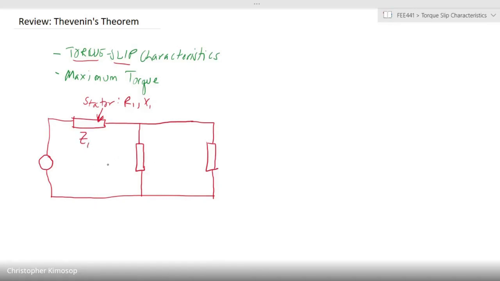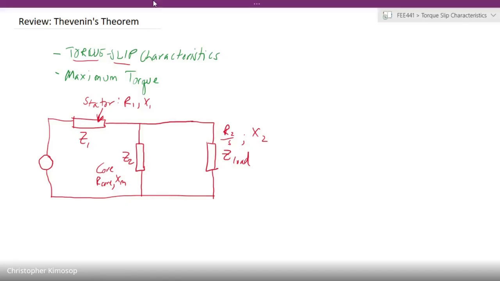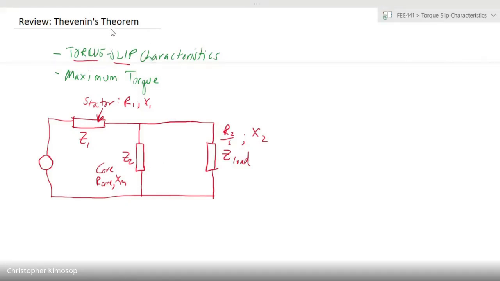At the same time, within the stator, we had some elements in the core, which were R core and X magnetizing. So let's call that Z2 here. And then let's assume, for purposes of this demonstration, that this is the load, which is our R2 over S and our X2, on this side of the equivalent circuit.